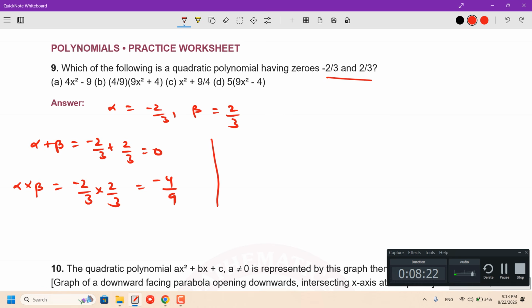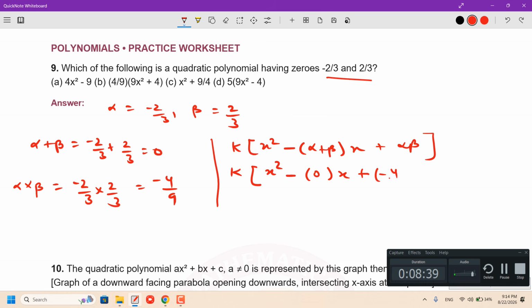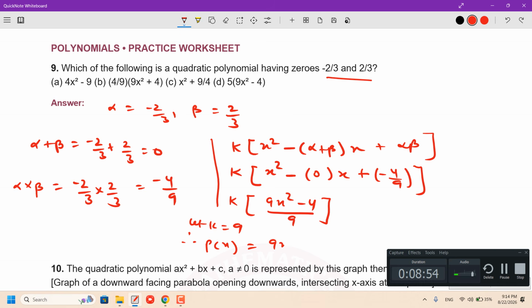So the quadratic polynomial is k times x square minus sum of zeros plus product of zeros. So k x square minus 0 plus minus 4 by 9. So k times 9x square minus 4 upon 9. So let k equal to 9. Therefore p(x) equals 9x square minus 4 is your answer.